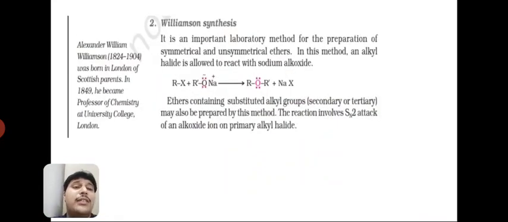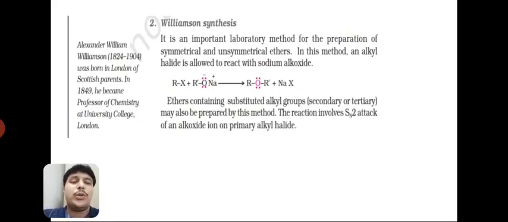Now the next method for the preparation of ether is Williamson synthesis. This is a name reaction, right? By using this method, we can form both symmetrical and unsymmetrical ethers. Student, I already cleared this point during the classification part.